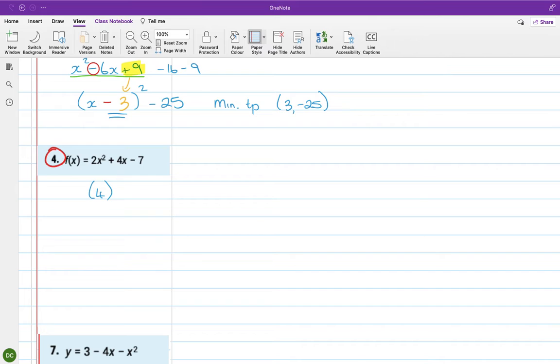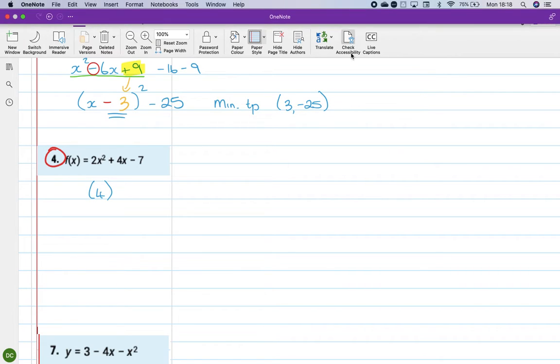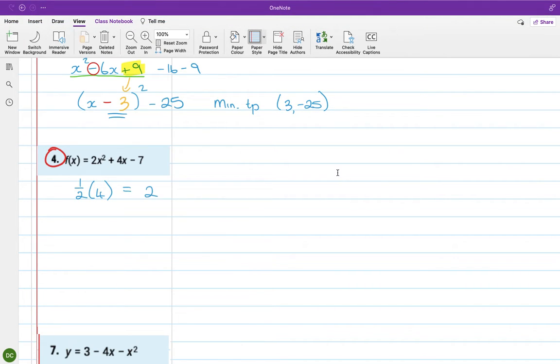We half it, which is a 2. And then we square it, which is 4 again. So we write out our quadratic as it is, 2x squared plus 4x minus 7.